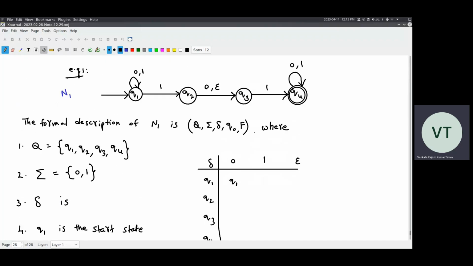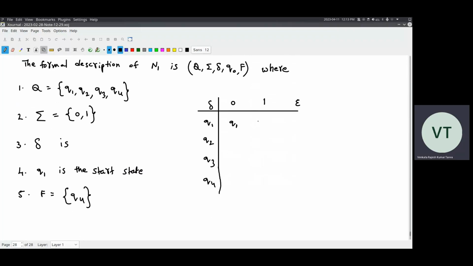Q1 on 1 goes to Q1 and Q2. Is this right? Yes. Just a while ago, I told you, each one is a set here.